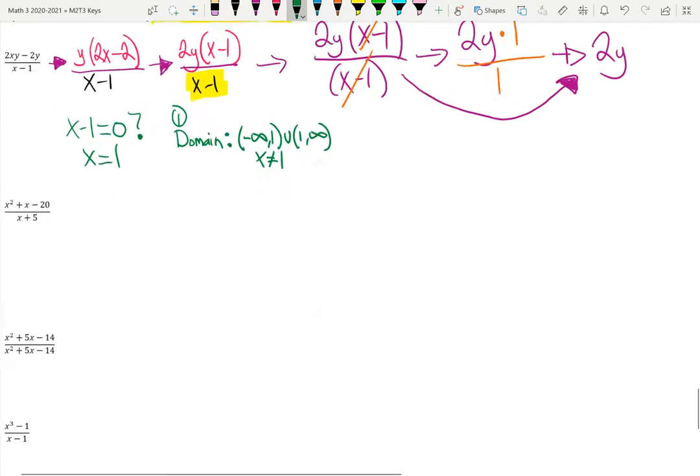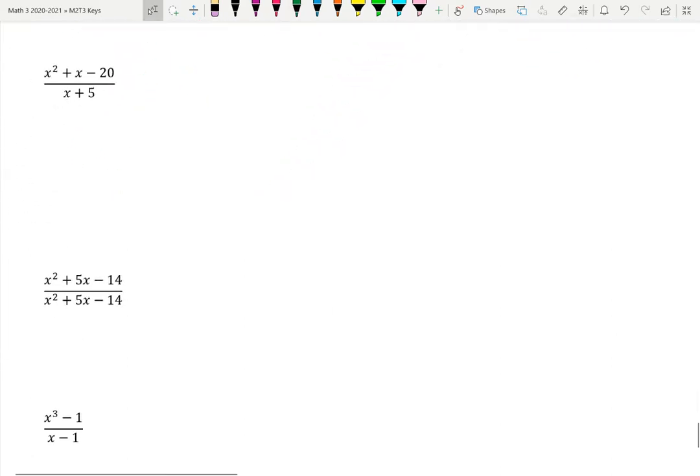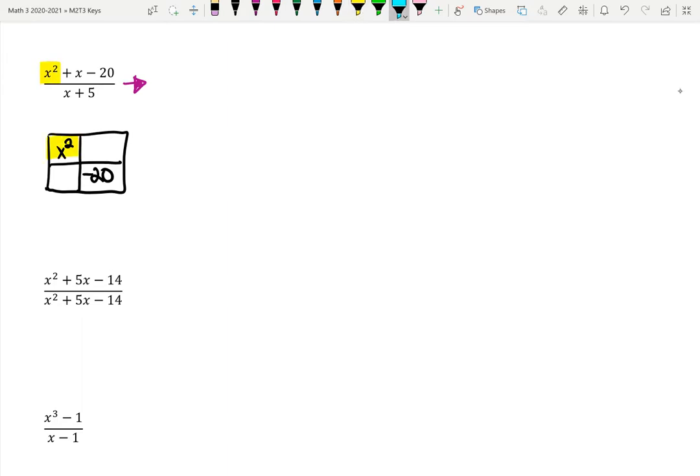Let's go ahead and look at the second example. So I'm going to try to factor the numerator, using the same factoring techniques I've been building up throughout this course. I'm looking at x squared, and I see negative 20. I need to figure out how to get a positive x value.